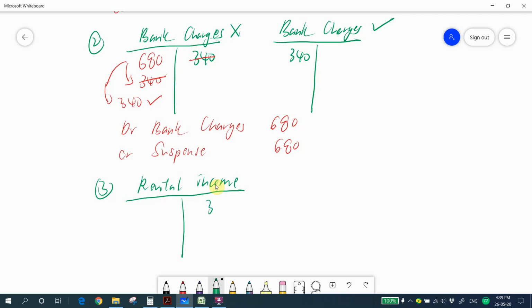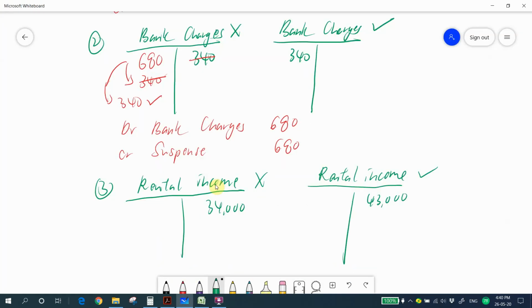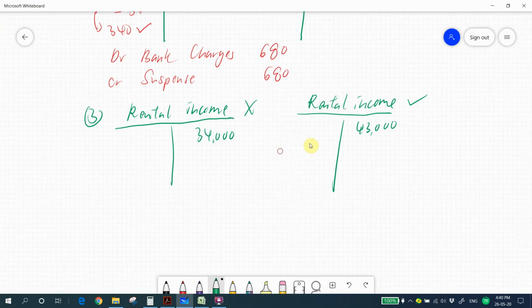They wrongly recorded 34,000 on the credit. This is the wrong one, and the correct one will be 43,000. So how to rectify this issue from 34 to 43?